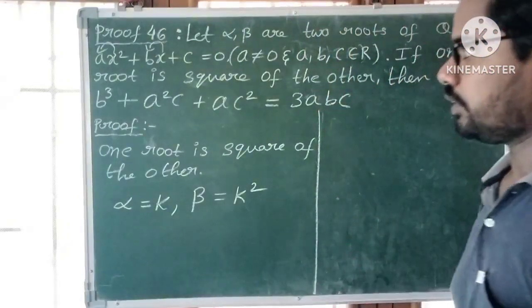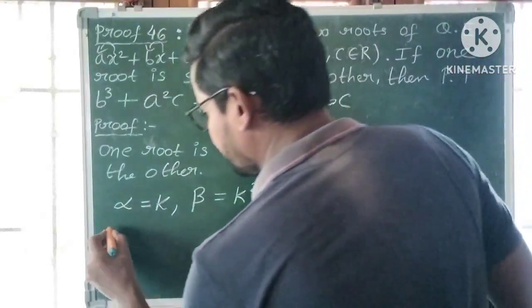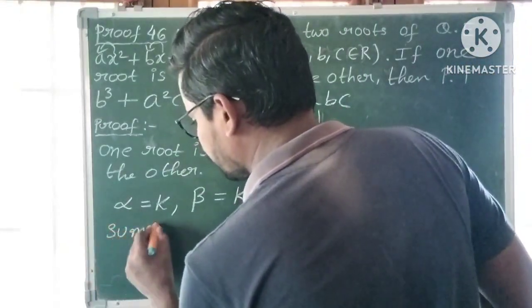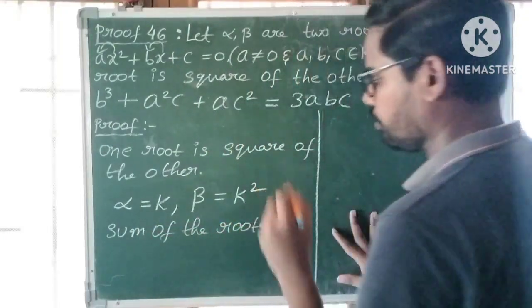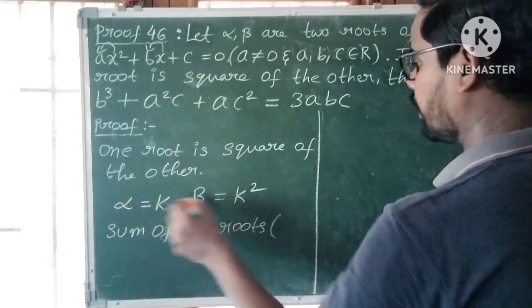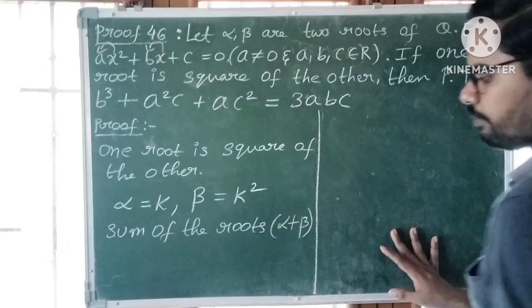So in quadratic equations we have two important formulas, very important. So the first formula, sum of the roots. So here the roots are alpha and beta. So the sum of the roots becomes alpha plus beta.